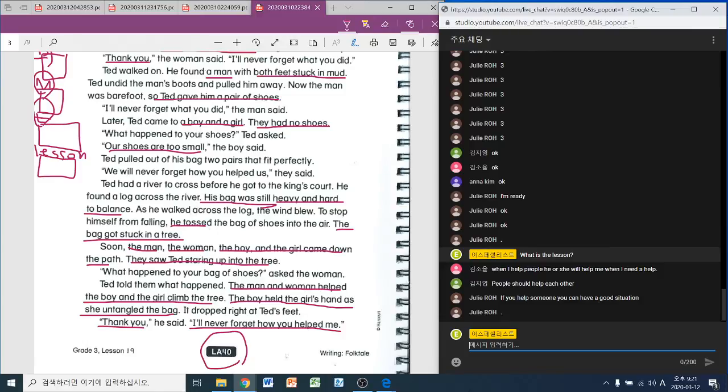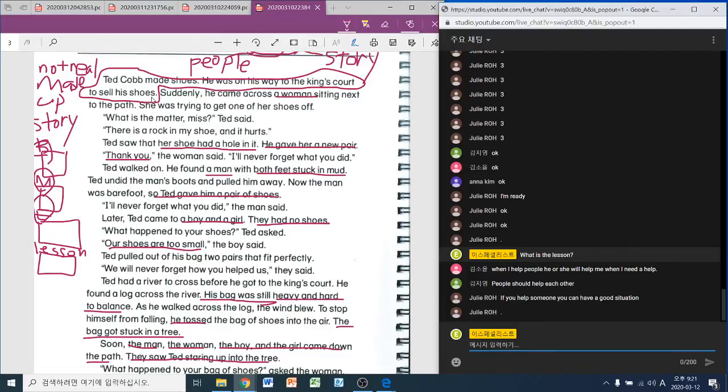Okay, good job. So now look back at the story. You can see that this story happened a long time ago. So all the verbs have the form of the past tense, like made, was, came, was. Except in conversation, everything is past, okay?